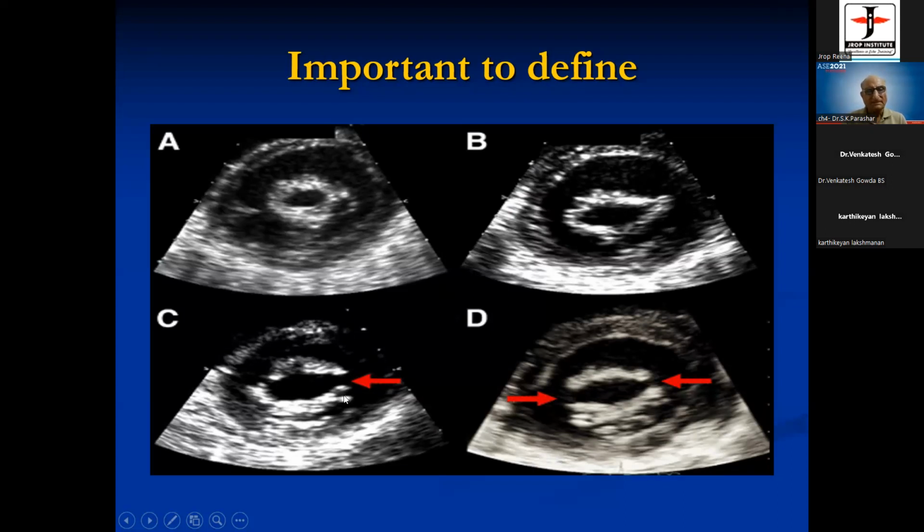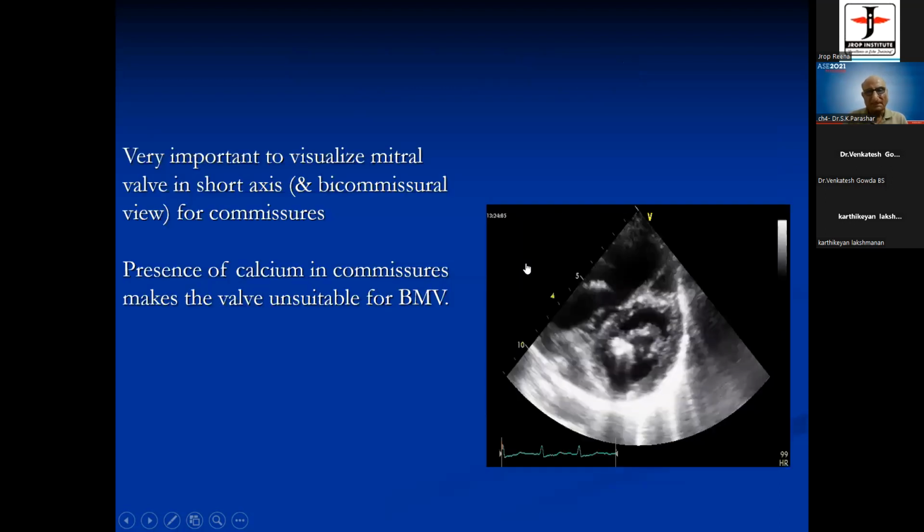So we always mention that when you measure the area, you go from here, you go up to the commissures and then come here like this. Here you are only going up to this area because the commissures are fused. But here you can cover the commissure to get the area. Always important to define it.